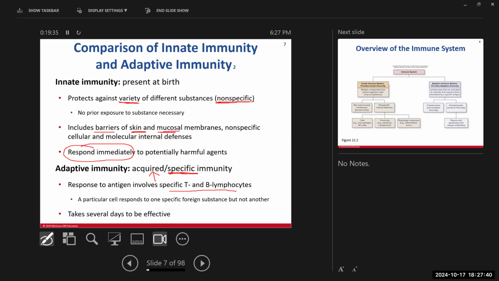When you get exposed to chickenpox or even COVID, the next time that you encounter it, your response will be a lot shorter, or you might not even know you're sick, because your immune response is much larger and much more capable of taking out that pathogen before you become symptomatic.